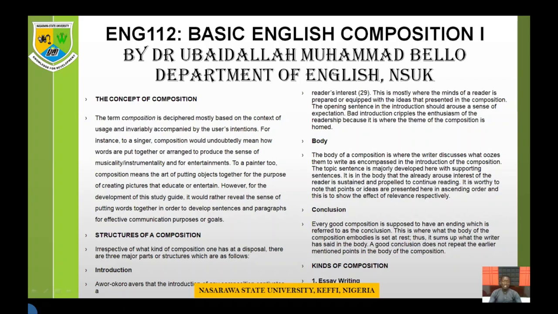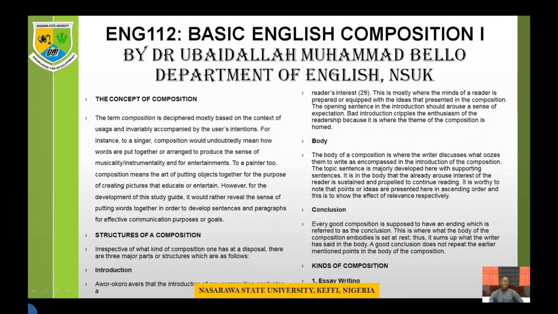It is in the body that the writer arouses the interest of the reader and sustains it, because the introduction is just to prepare the mind and evoke the interest, while here the interest of the reader lies in how the writer is able to bring different things together and compartmentalize them into sections and subsections, or headings and subheadings, themes and sub-themes and the rest, depending on the nature of the topic in question.